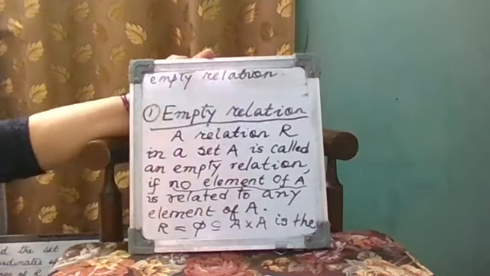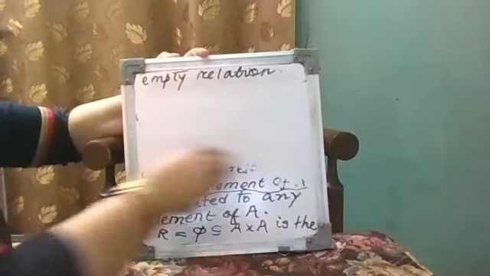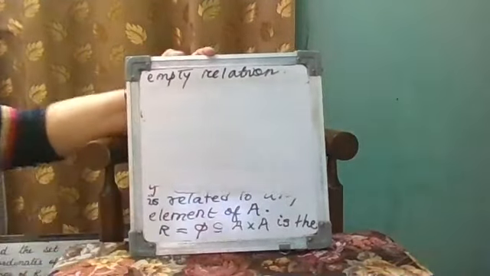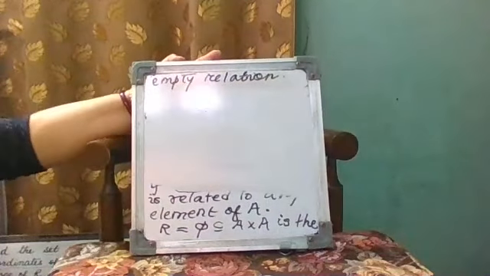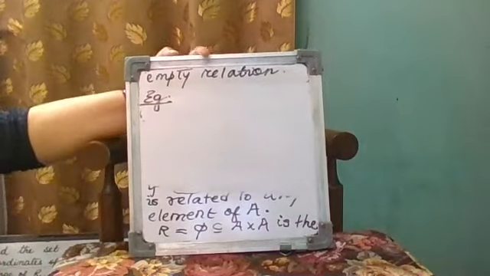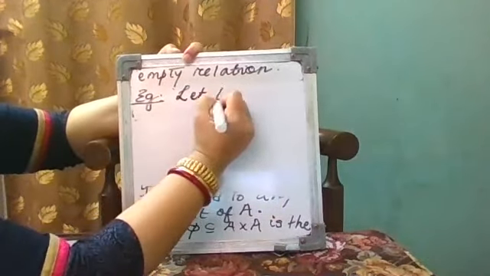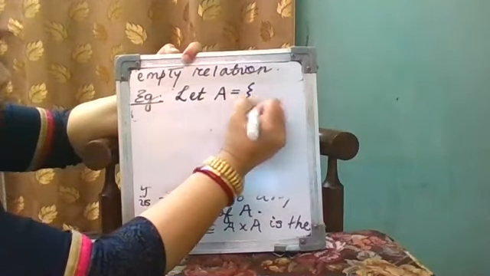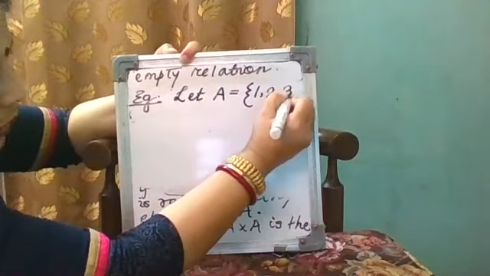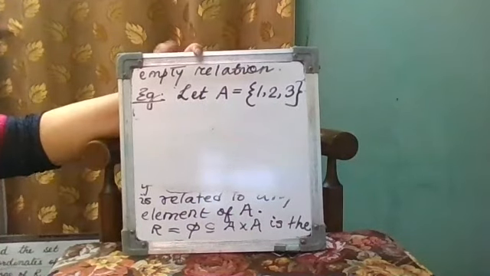Please write an example. For example, let capital A equals, within curly bracket, 1, 2, 3. So this is a set containing 1, 2, 3.